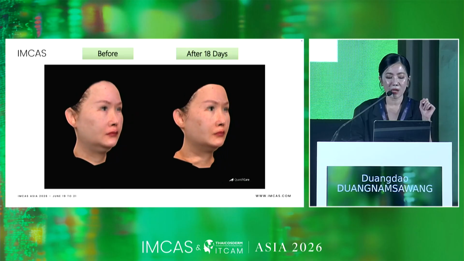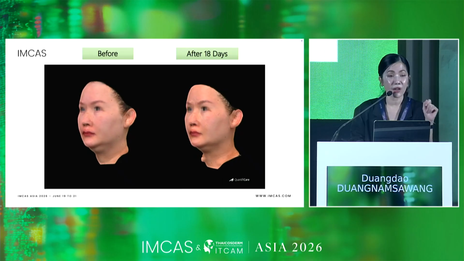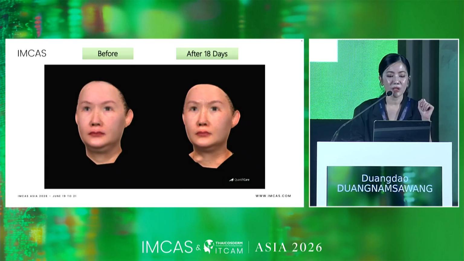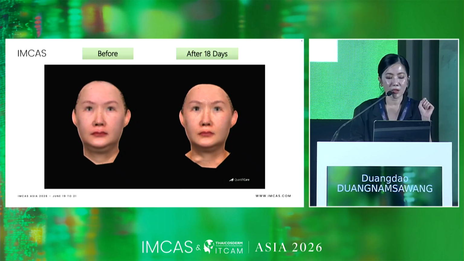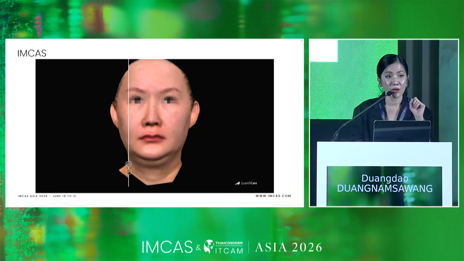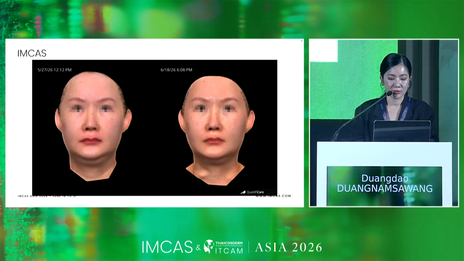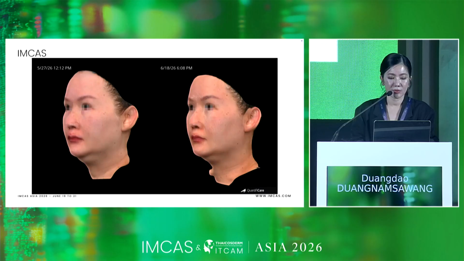Let's show the quantifier analysis after 3 weeks. You can see that it improved on the right side. I think similar with the left side. The jawline definition is better, the sagging is better, and the patient looks slimmer.